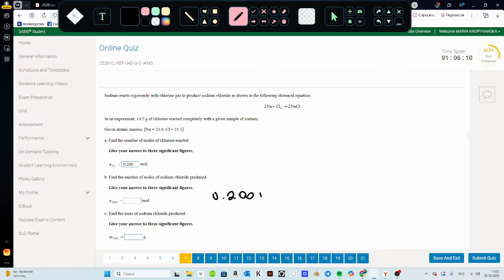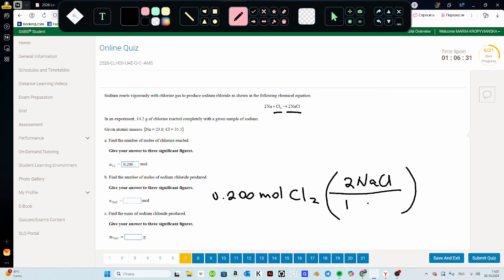So 0.2 mole, that's what we know. That's Cl2. Now we look at what we're trying to find. The sodium chloride, that's 2 NaCl over what we already have, 1 Cl2.